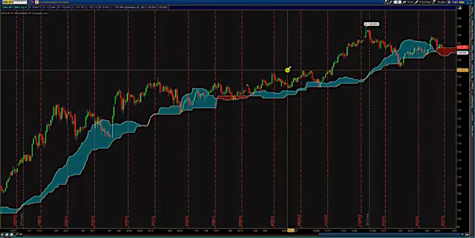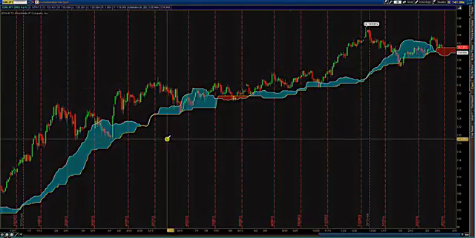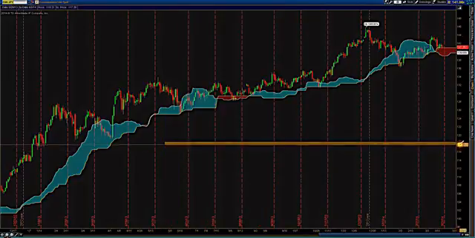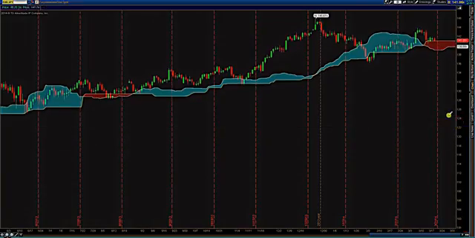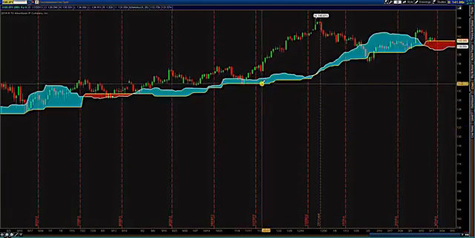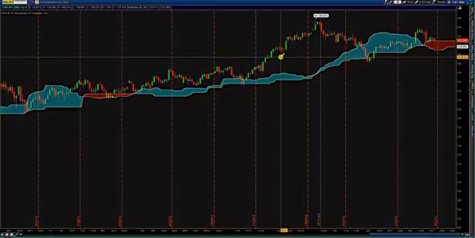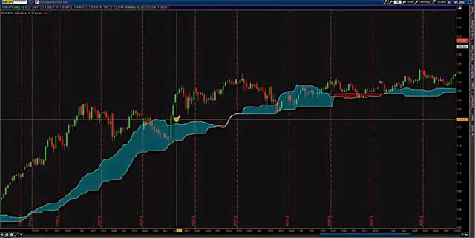That's the flat Kumo bottom or flat Kumo top, which often acts as, now I'll zoom in a little more, a gravitational pull where price comes towards it, bounces back off, and continues going in the right direction.